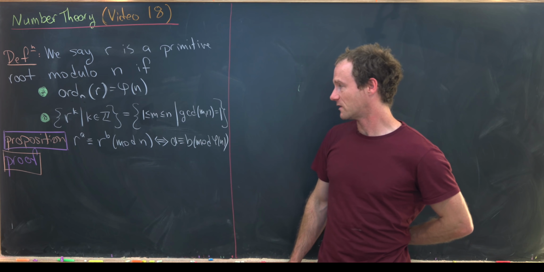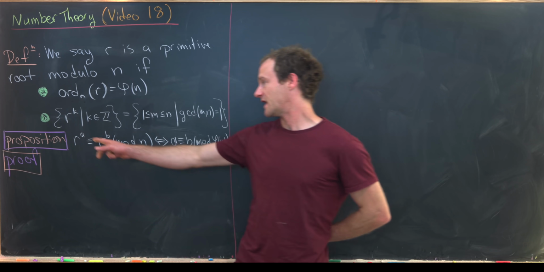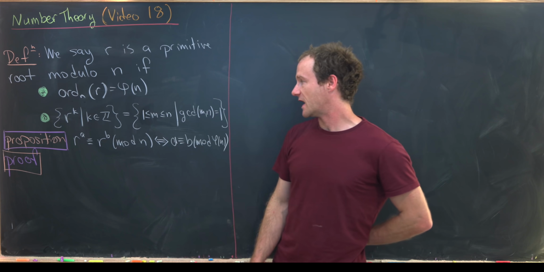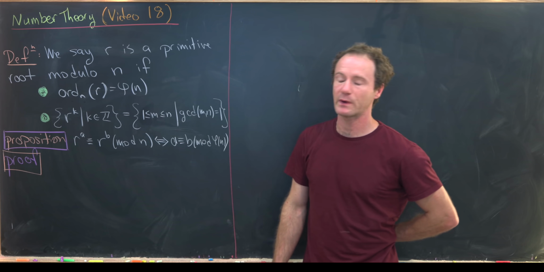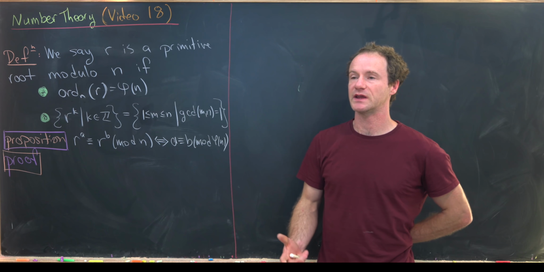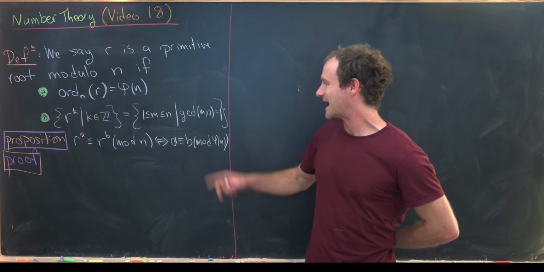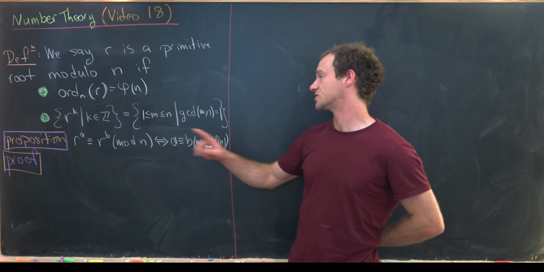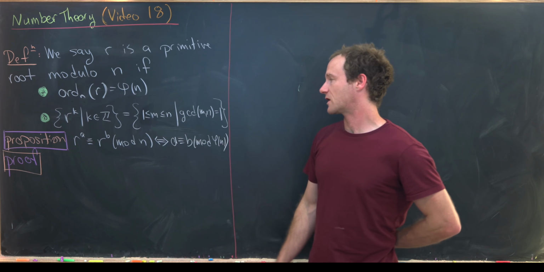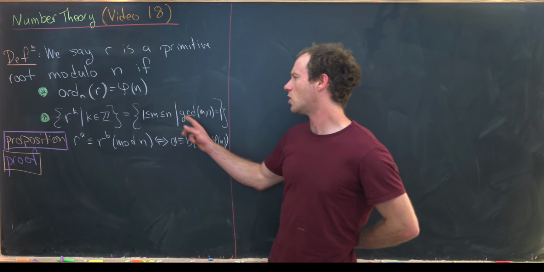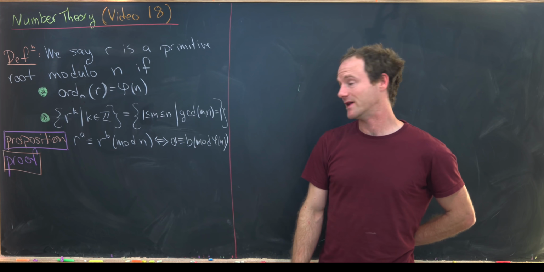But that's equivalent to saying that if we take R to the k for all possible k, we really only need k to go between 1 and phi of n. Then you get the same thing as the set of all integers from 1 to n that are relatively prime to n. And I should say this is all working modulo n.